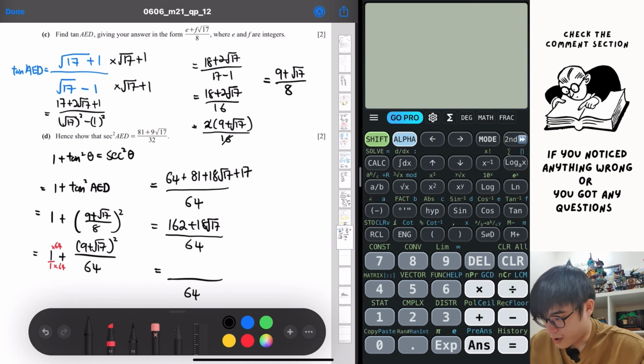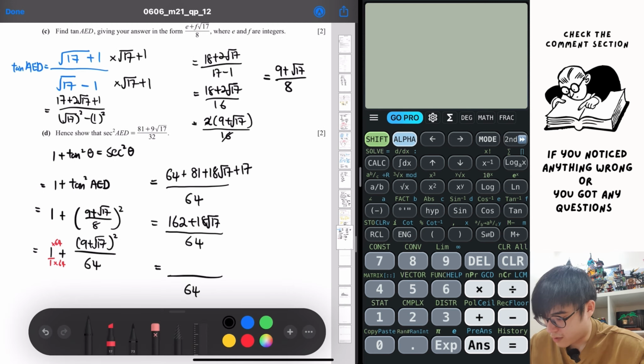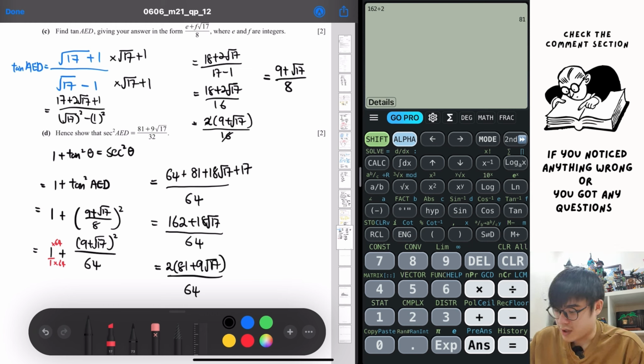To make it become 32, I need to divide everything by 2. So I should have 81 plus 9 square root 17. These two will be cancelled, and you have the final answer as this.